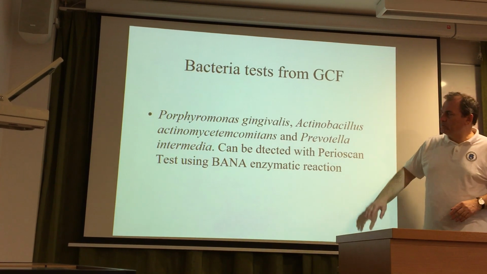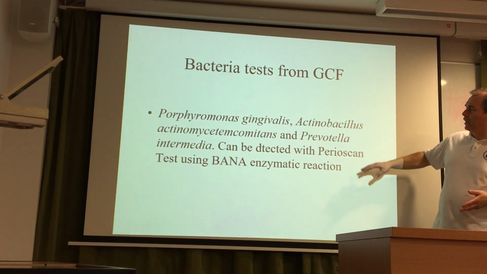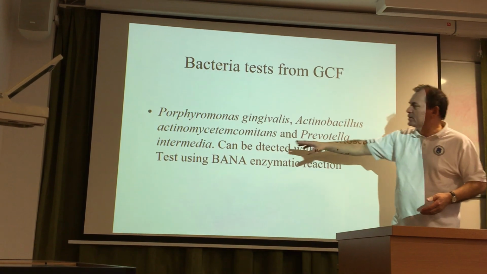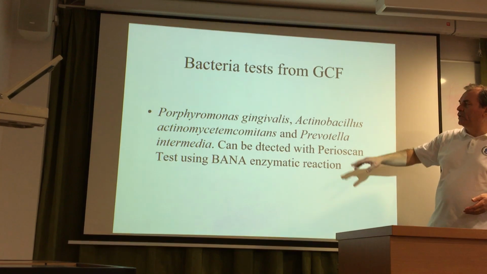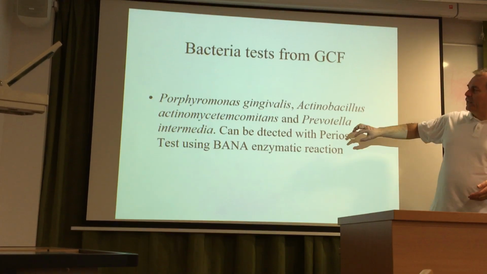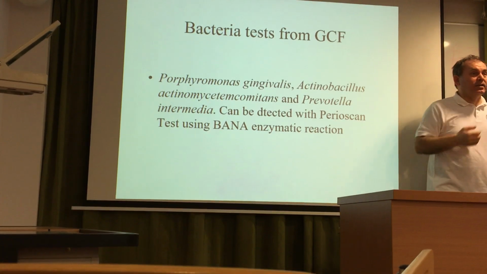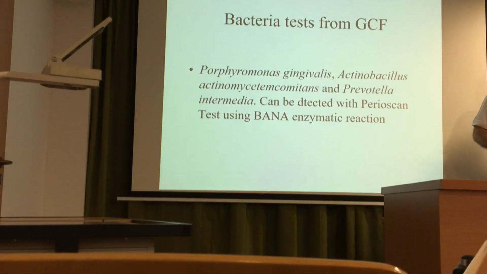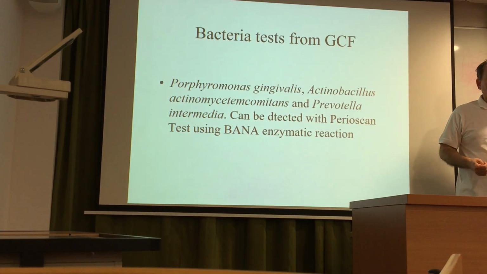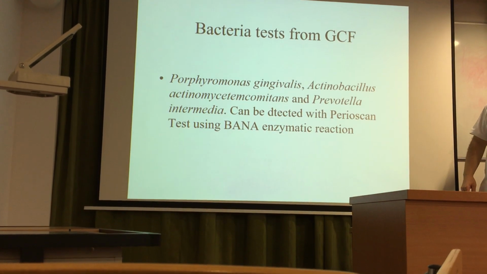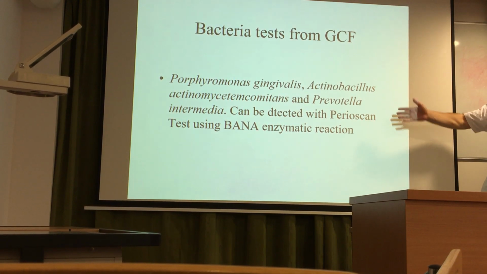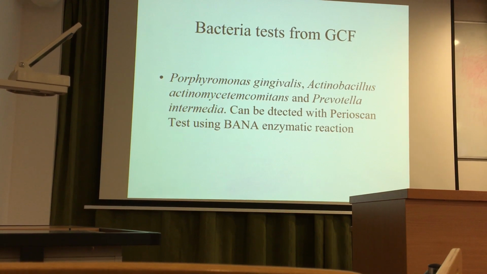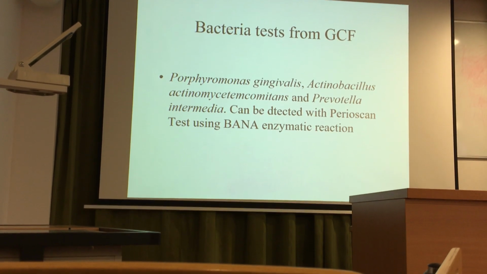Just normal bacterial content we have, but species like Porphyromonas gingivalis, Actinobacillus, Actinomyces and Prevotella intermedia could be dangerous, and we have chairside dental tests. You can take these tests in the surgery, and you can estimate, as I mentioned, the patient's risk for periodontitis.